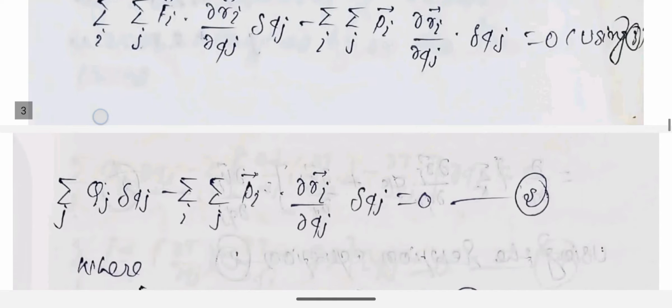Sigma i Fi vector into sigma j del Ri vector by del qj del qj minus sigma i Pi dot into sigma j del Ri by del qj del qj is equal to 0, using equation 3.